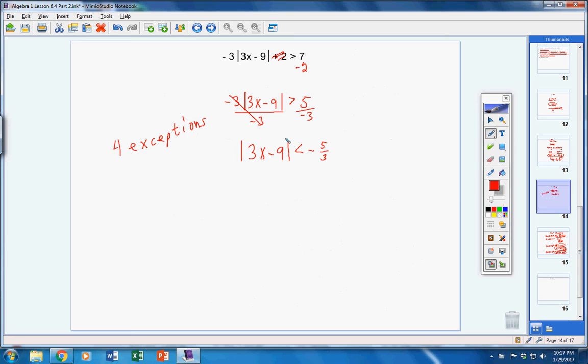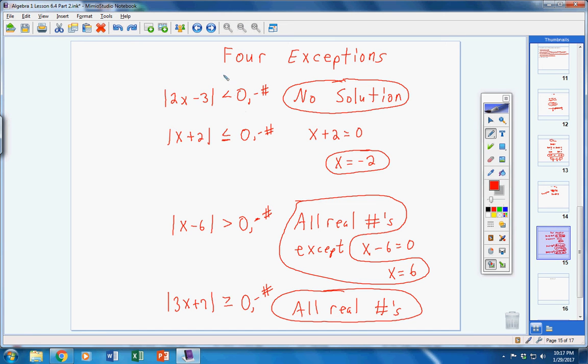Okay, so let's go back over here. Notice I have an absolute value less than a negative number. Do you see that? An absolute value that is less than a negative number. So where do we have that at? Right here, look at that. Absolute value less than a negative number, not less than or equal to. That's a big difference, okay? Please remember that.